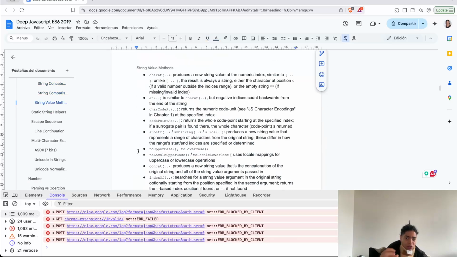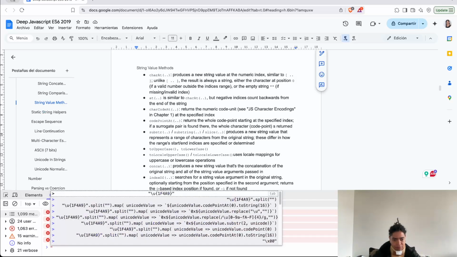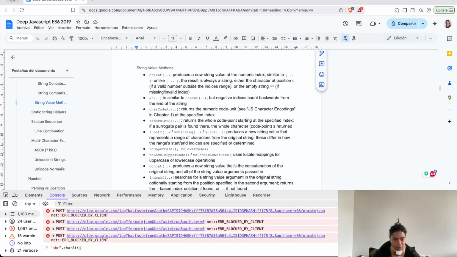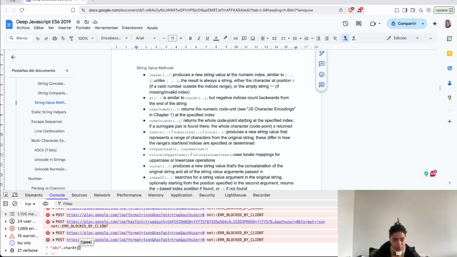And then some methods from strings. For example, the char at: it gives you the character at an index, for example A, B, C. So if you say char at, it gives you the value at that position by passing an index.